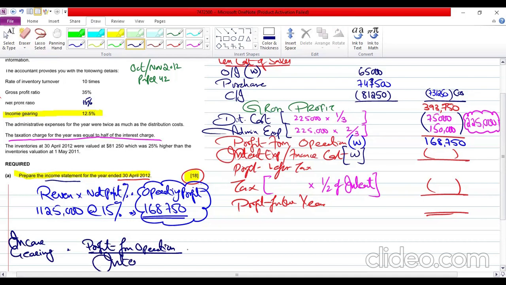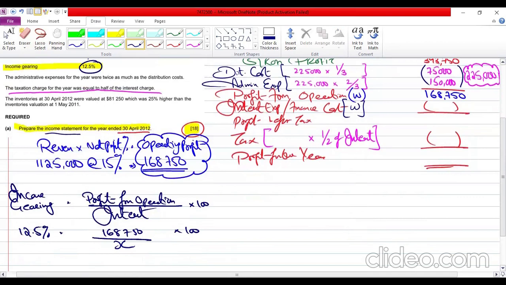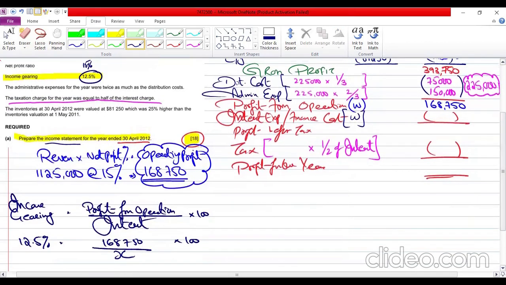Profit from operations is 168,750. 100 will remain like this. We need to find out the x, right? So maths, how to do it?